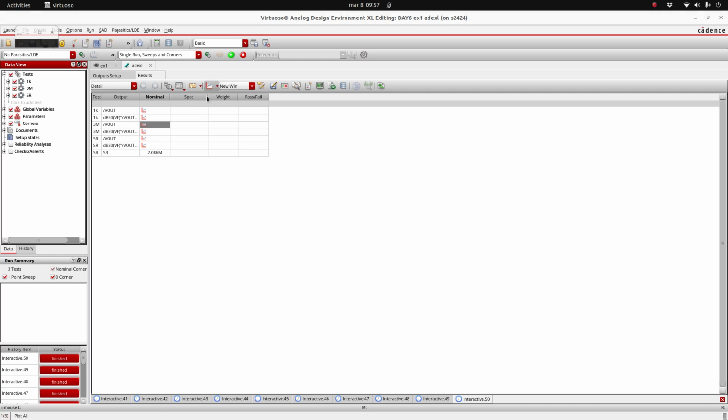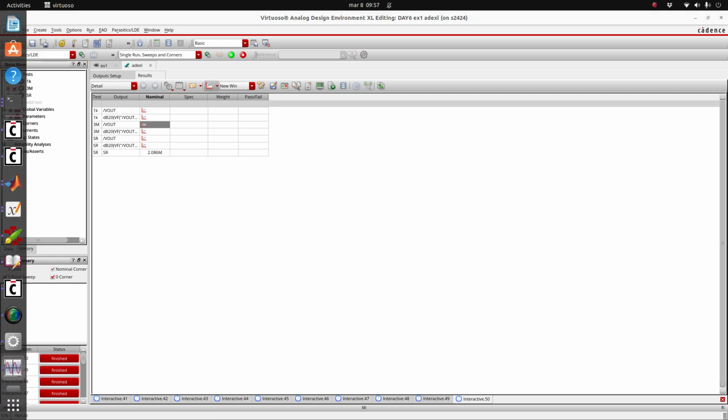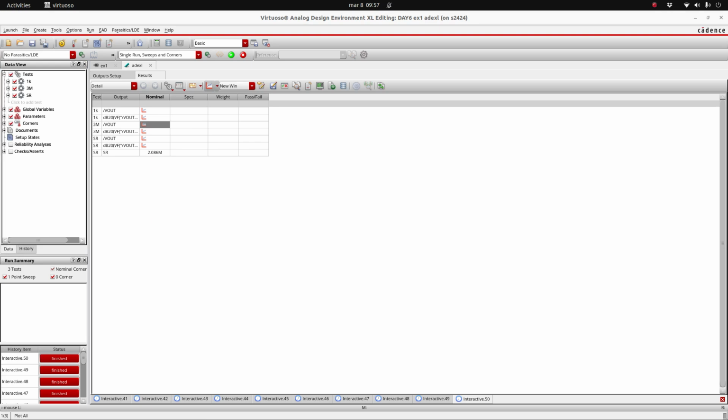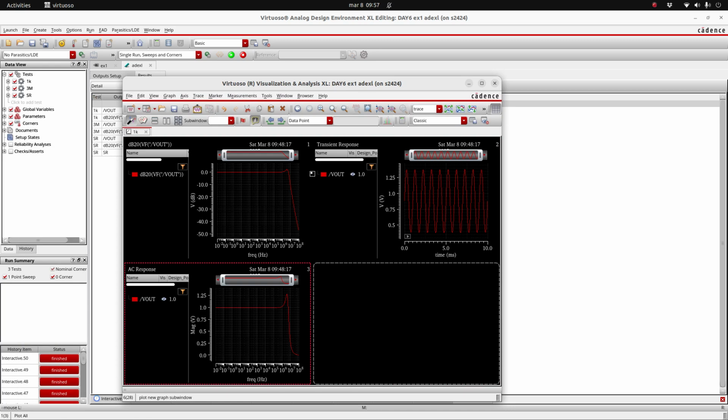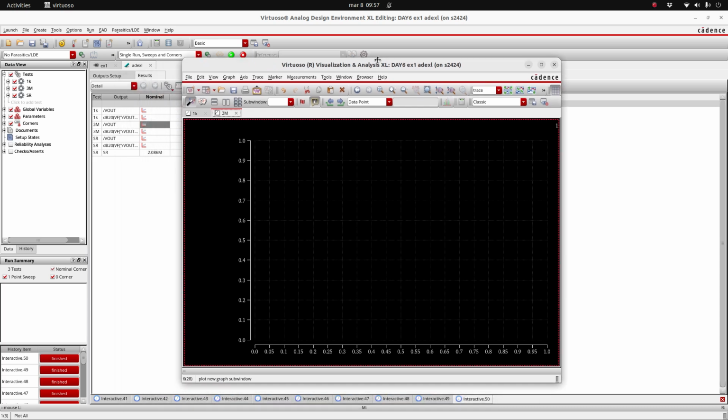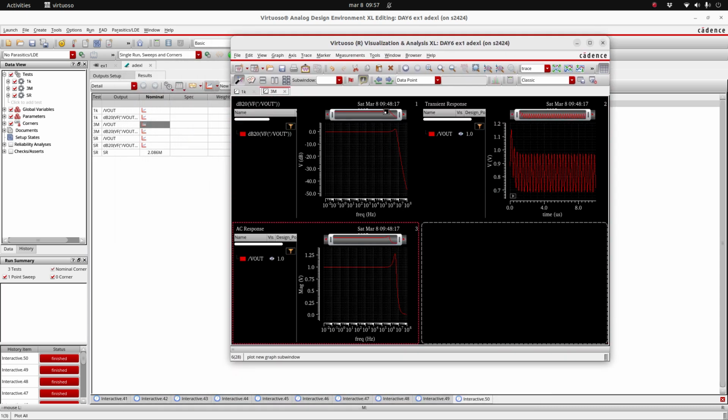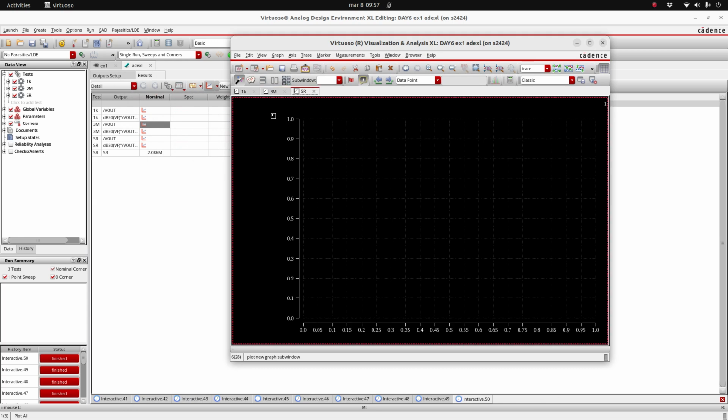When we run an AC simulation on the circuit as it is right now, we will see the bandwidth that I have after an AC simulation.